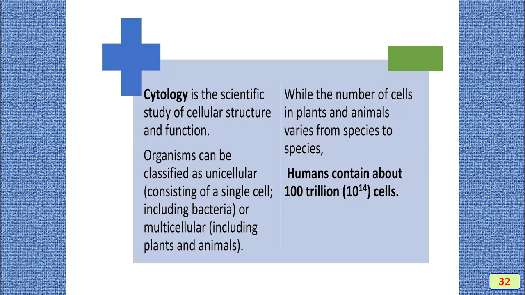Plants can grow to a higher extent, whereas animals cannot grow unlimitedly. Humans contain about 100 trillion cells. That means if you put 14 zeros after a 10, you can imagine how large the quantity of cells is in every human being.